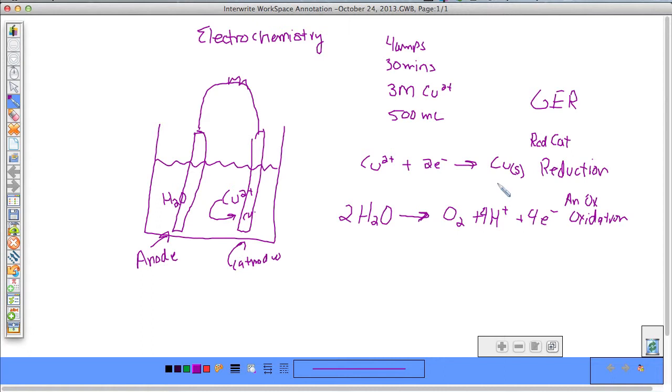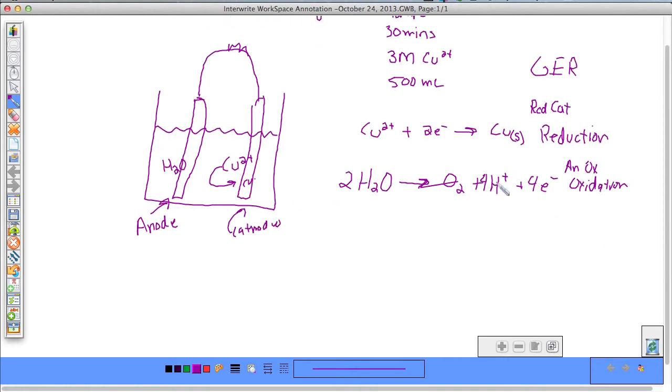What else can we figure out about this? Well, what if we wanted to figure out how much oxygen gas is going to be produced in this whole scenario? So that's not hard to figure out. But what we really need to know, and one of the easiest ways to do some of these electrochem things, if you're trying to do a bit of stoichiometry and figure out how much of this and that, is to figure out moles of electrons.